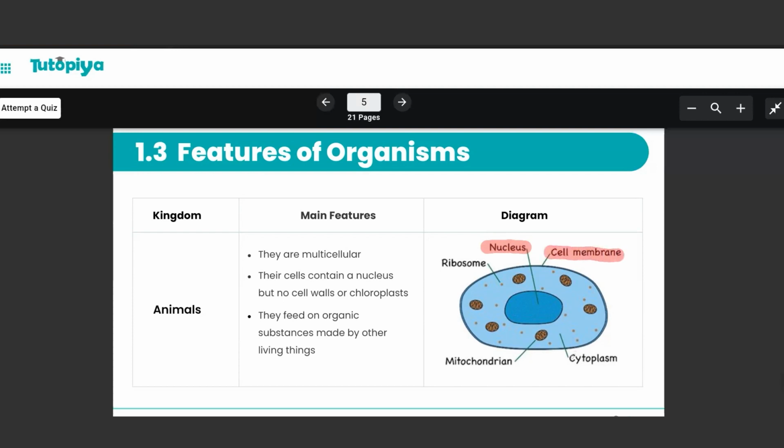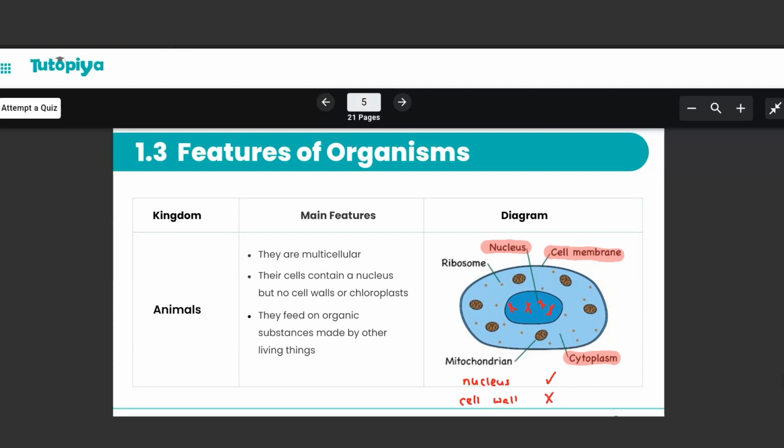We can see that there is cytoplasm filling up the inside of the cell. You can notice that inside this nucleus, you're going to find the DNA, the chromosomes.